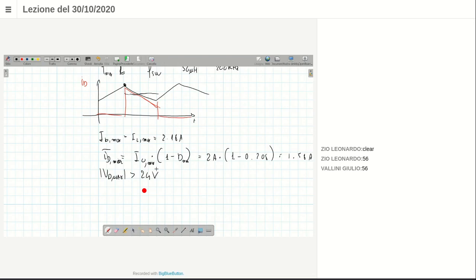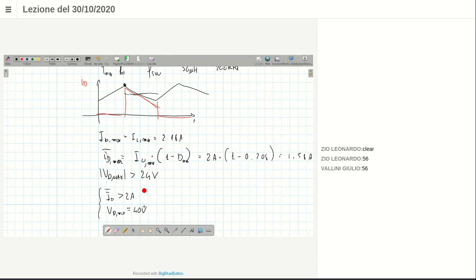There are no normalized values for diodes, but it makes sense to take some margins, so we can choose a diode that is suitable to sustain an average current larger than 2 amps and a maximum reverse voltage, let's say, of the order of 40 volts.